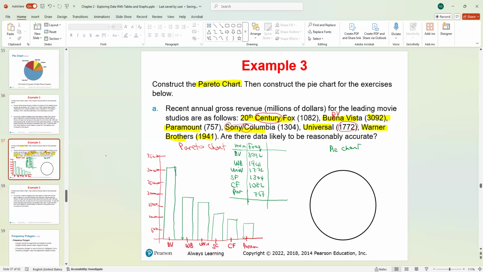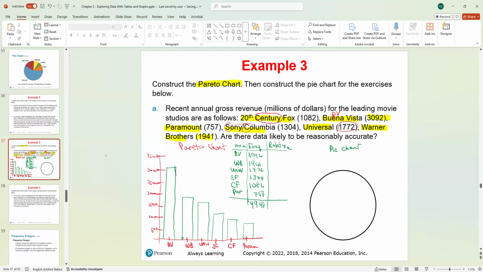Plus 1082 plus 757. So the total in this case is 9,948.